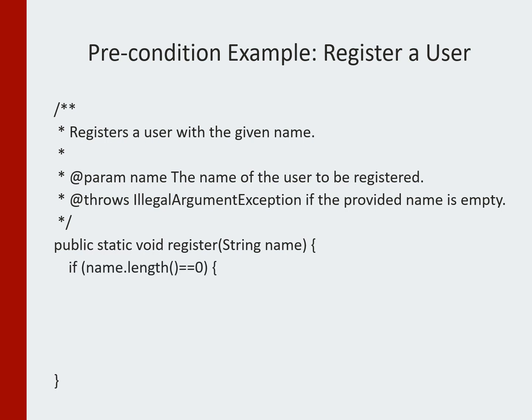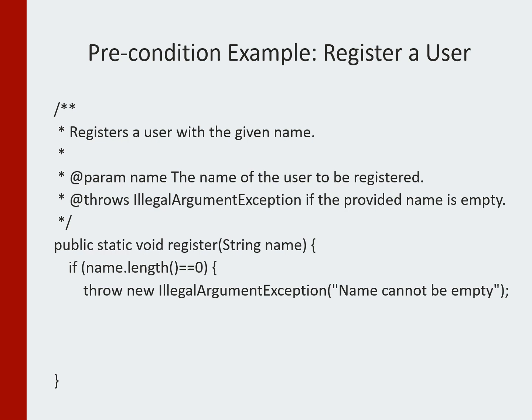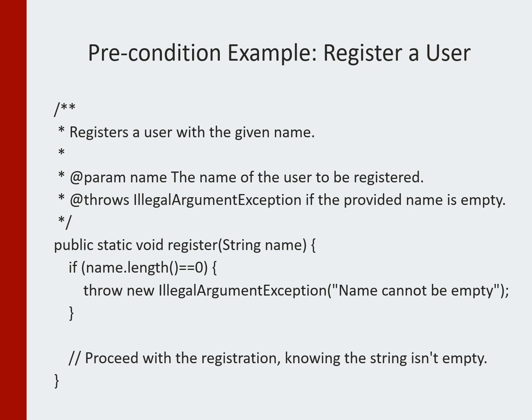So if the length of the name is 0, then I can throw new IllegalArgumentException, "name cannot be empty." Otherwise, we're going to proceed with the registration knowing that the string isn't empty. So at a high level, this shows what a precondition that you might want to have for registering a user to your database might look like.